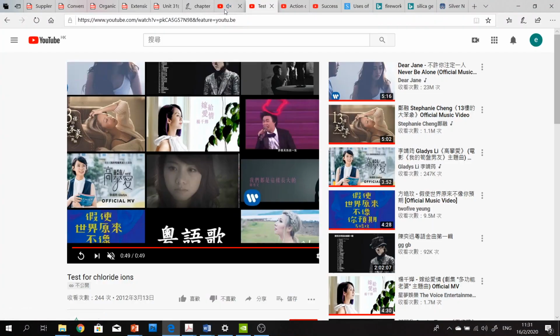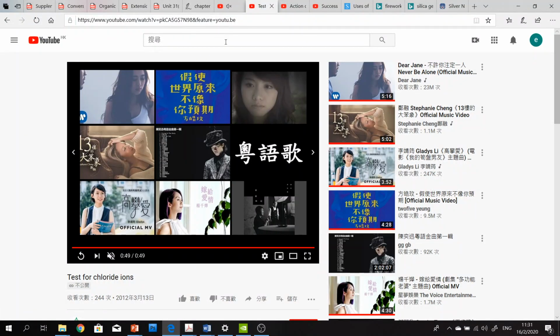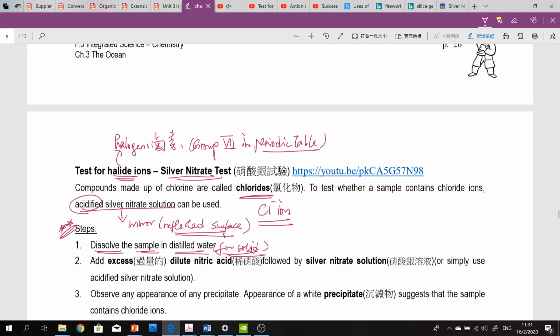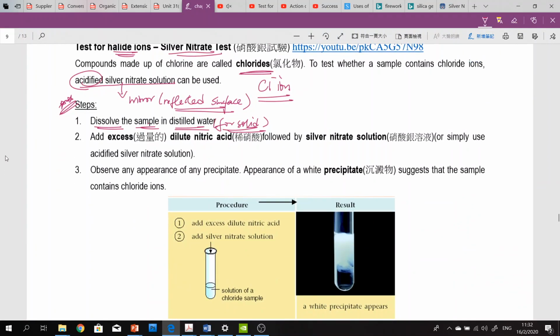Before I show you the chemical principle, I would like to show you the steps again. First, dissolve the sample in distilled water. Second, add excess dilute nitric acid followed by a few drops of silver nitrate solution to the sample to be tested.